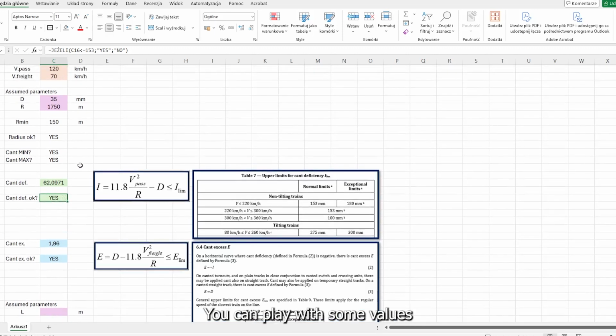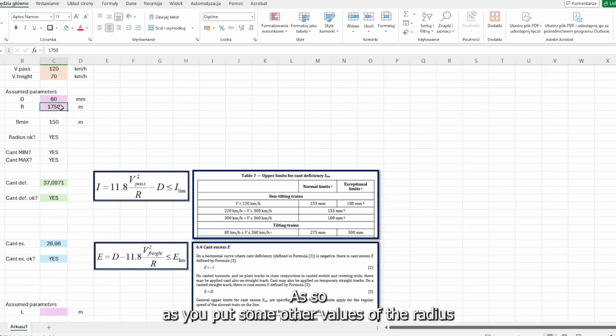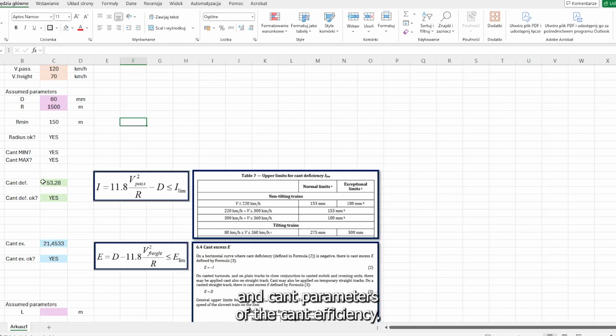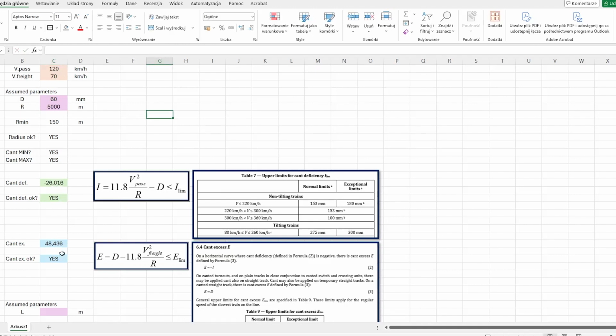You can play with some values and see how the parameters change. As you put in other values of the radius and cant, the cant deficiency and cant excess also change. And you may see which values of the radius are maybe not good or too big.